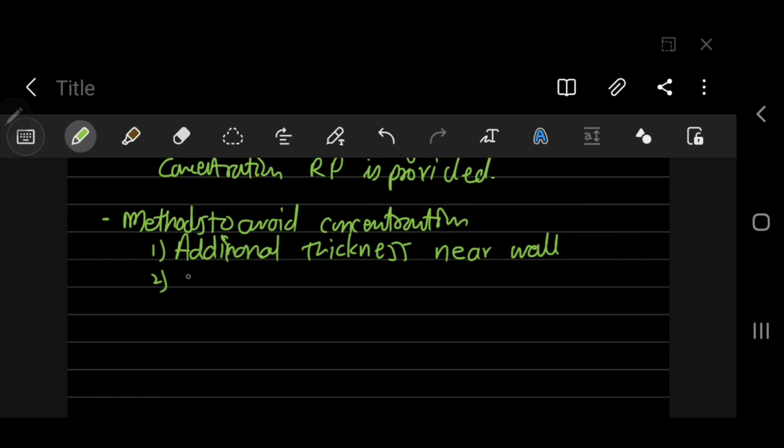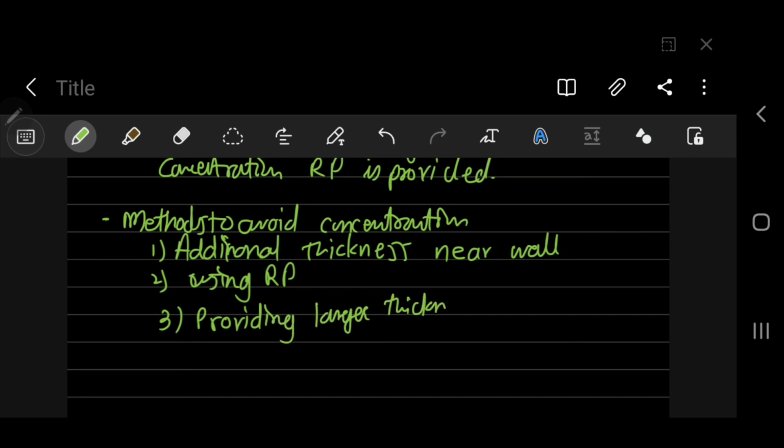Second, using, as already said, a reinforcing pad. Third one is by providing larger thickness to the wall. Okay.